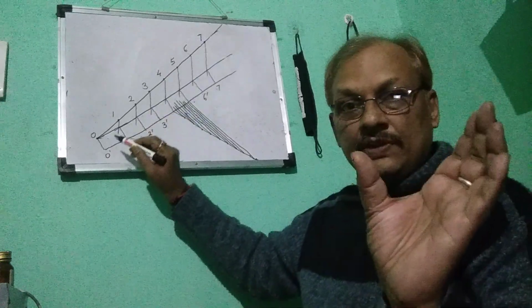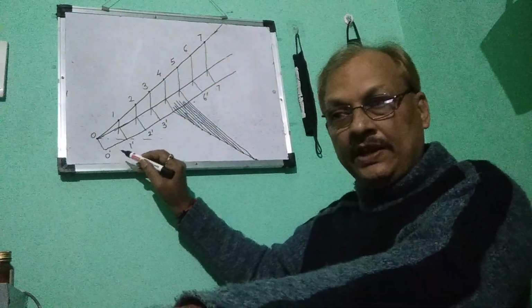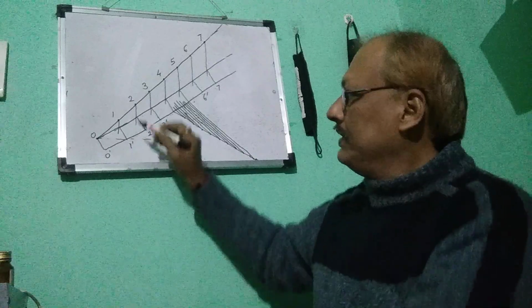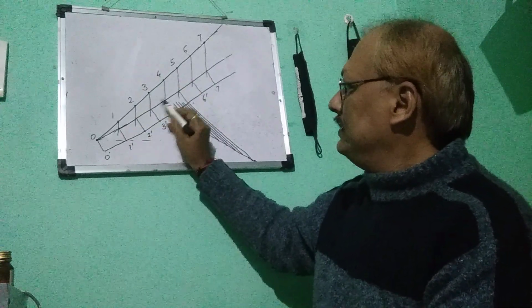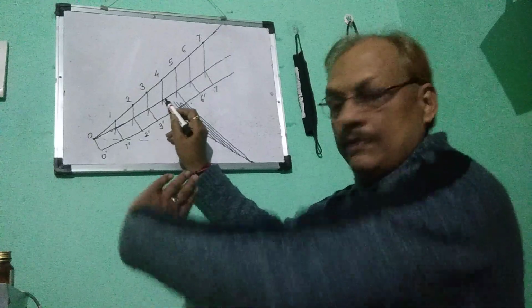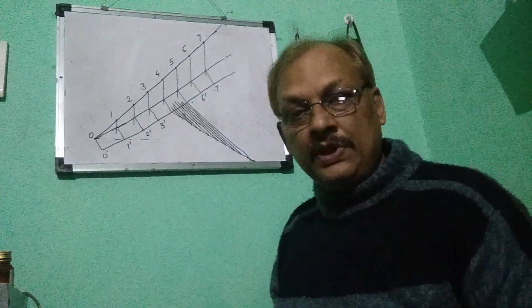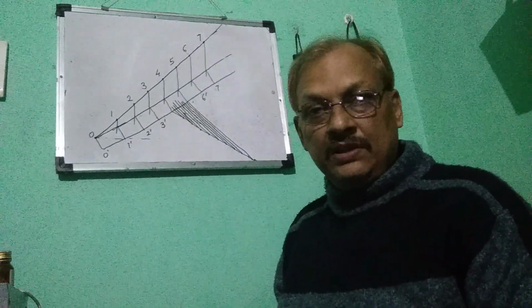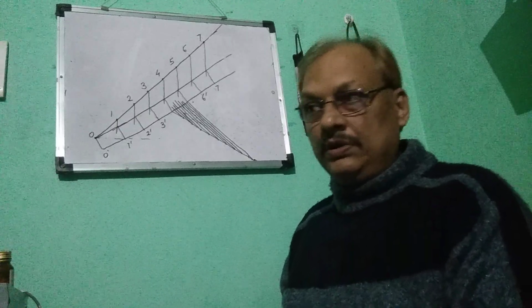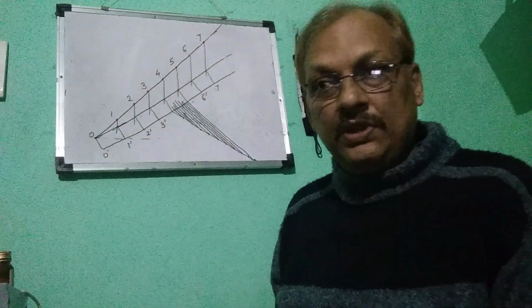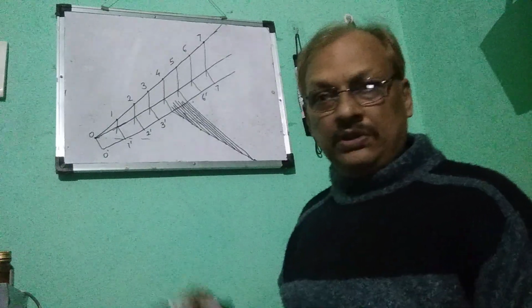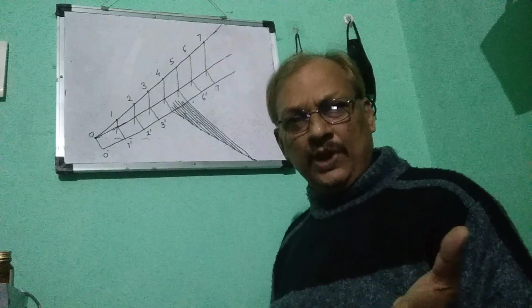Suppose 30 centimeters is your length in your helping diagram, or any length is given. So this 30, and from this scale you could measure by the same scale how much it is. It may be 27 or 28, or 28.5 like that.